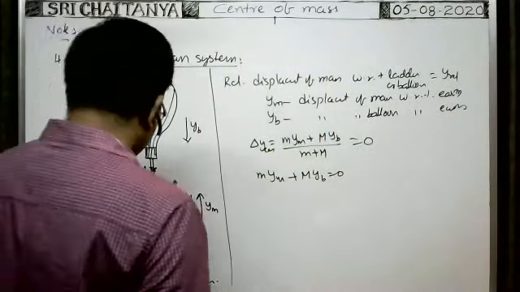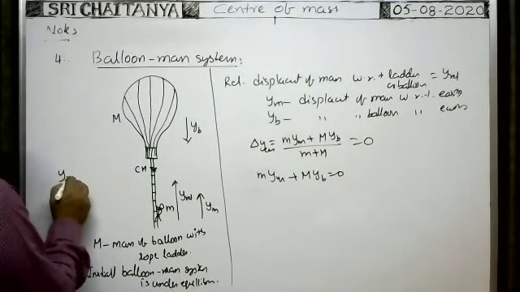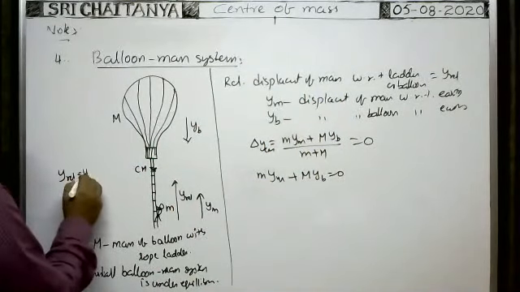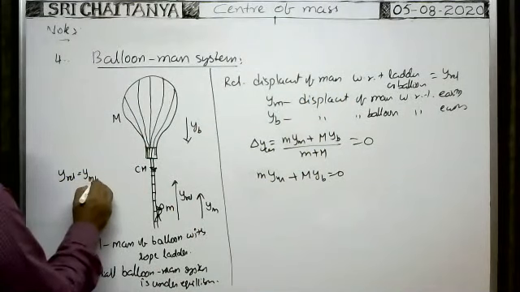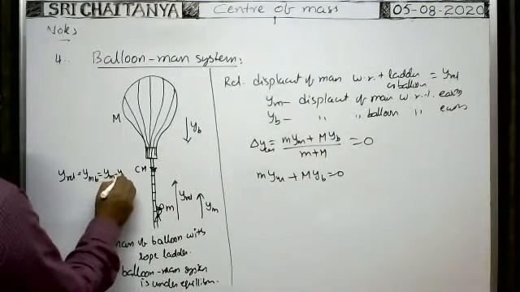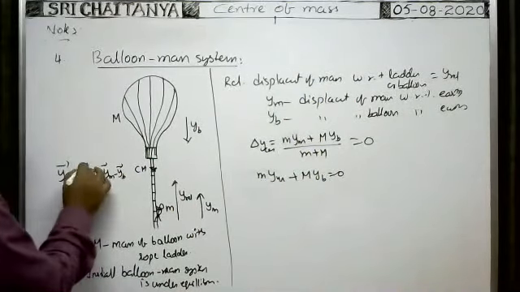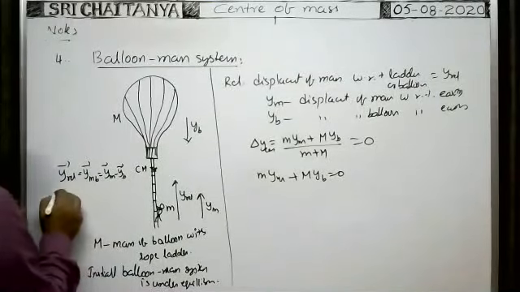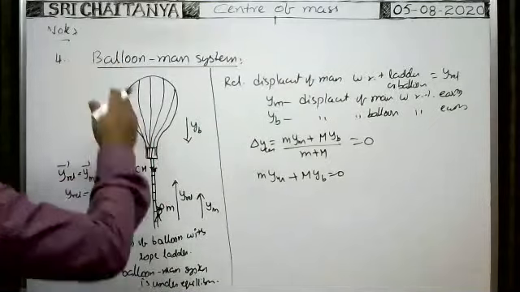Here we see the relative displacement of the man with respect to the ladder. That means displacement of the man with respect to the ladder, or with respect to the balloon, is y relative, which is equal to yM minus yB. Of course, along the vertical direction, that's why we can write simply y relative, because the man and ladder both travel along the same straight line.